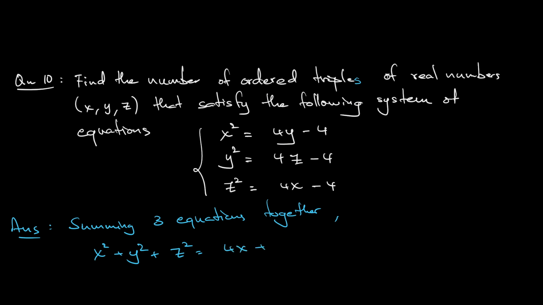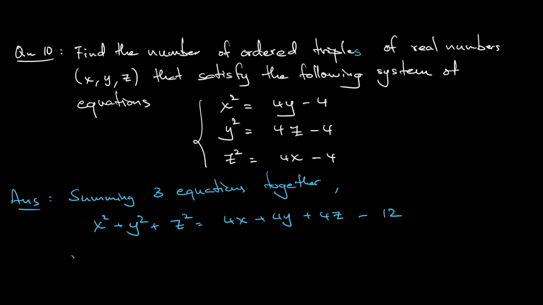You will get 4x, 4y, and 4z minus 12. And then you put everything on the left hand side. So x squared minus 4x, plus 12, right? I can break it into 4, and again I can break it into 4, and here negative 4z, I can break it into 4, and the right hand side is just 0.